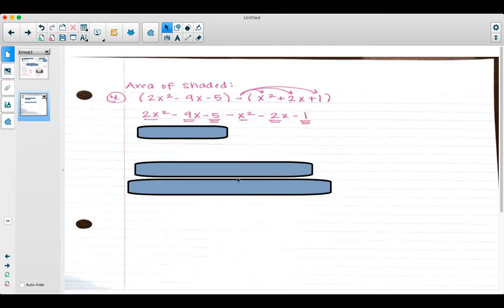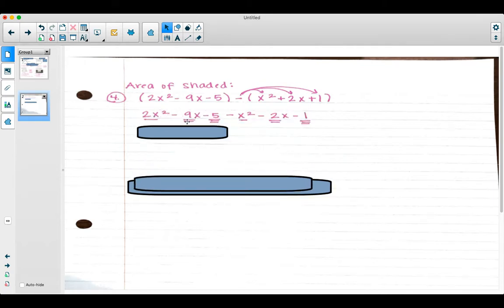So after I do that, I have 2x squared minus 9x minus 5 minus x squared minus 2x minus 1. When I combine like terms, 2x squared minus x squared gives me 1x squared. Negative 9x minus 2x gets me negative 11x, and negative 5 minus 1 gets me negative 6. So the area of that shaded region is x squared minus 11x minus 6.